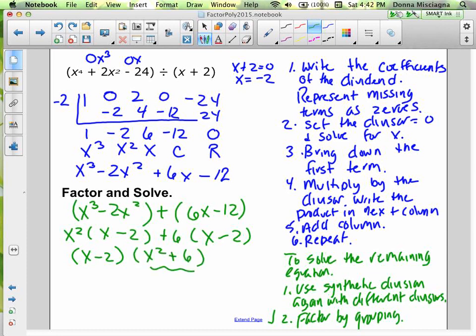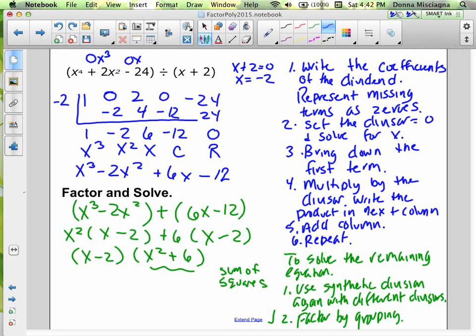Notice we have a squared term, which means usually we try to factor that. But notice this is a sum of squares. And we can't factor a sum of squares, but we can solve by using square roots. First of all, we have 2 solutions so far.